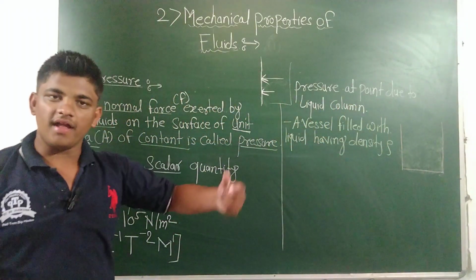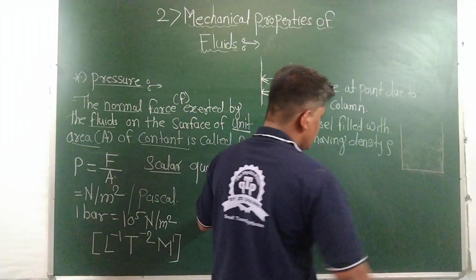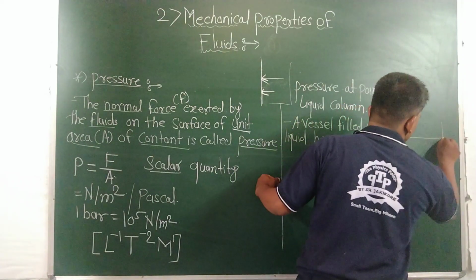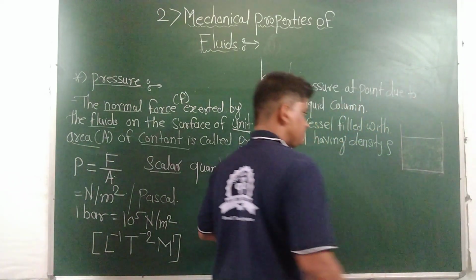Rho is the density of the liquid inside this vessel or container.